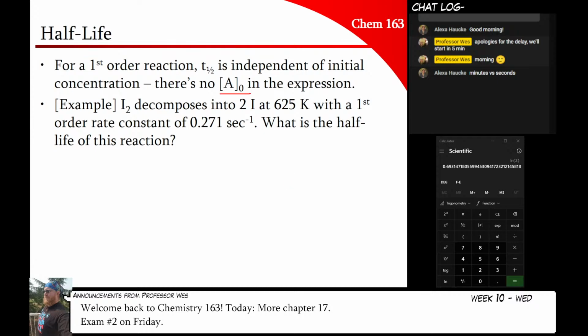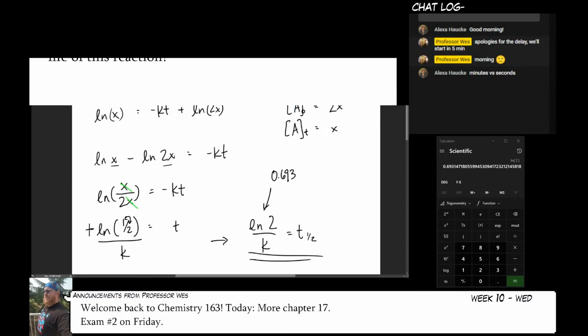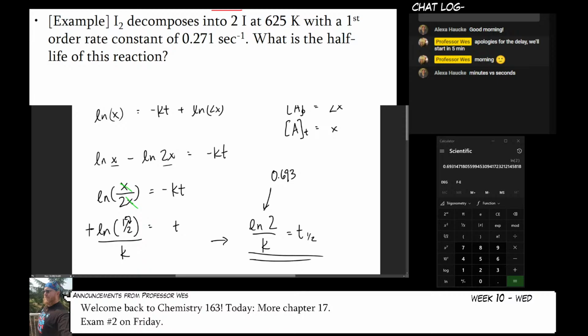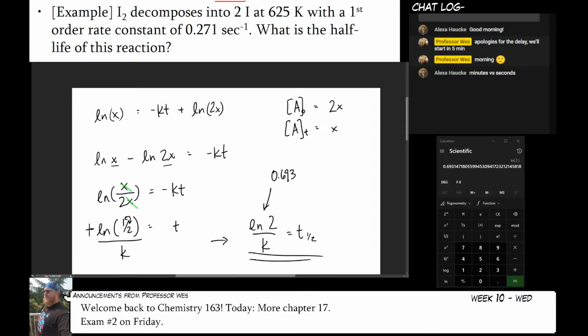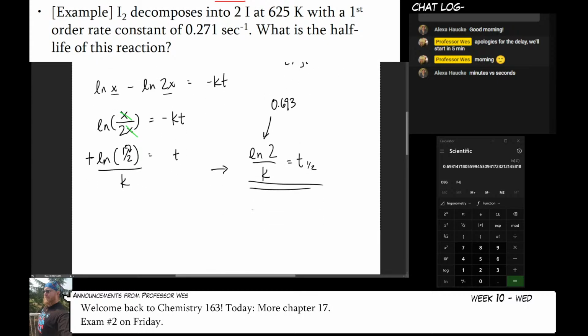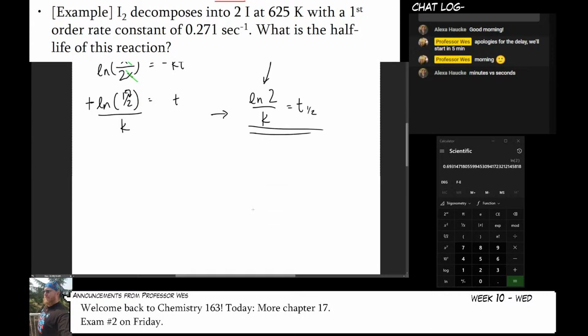So let's do this example here. Iodine decomposes with this rate constant. It does this much per second. What's the half-life of the reaction? And so we would say, okay, well, T1/2 is natural log 2 over k. And k is 0.271 per second. Well, inverse seconds is going to give us something in seconds.